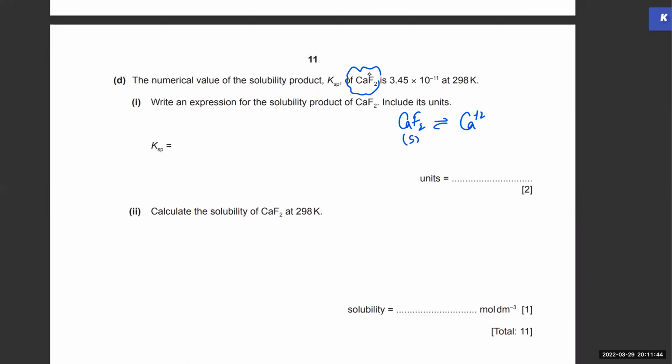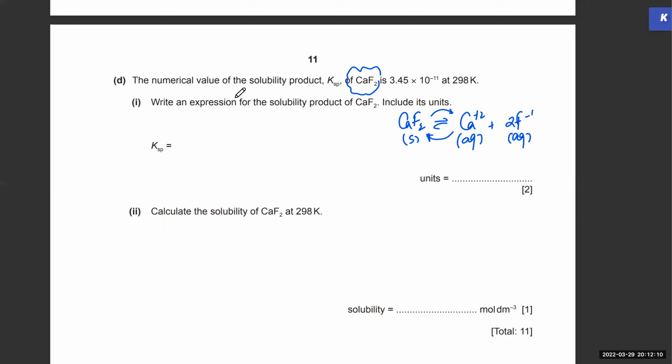It will form calcium 2+ ions and 2 fluoride 1- ions. But in a saturated solution, the more you dissolve, the more precipitate it's going to form, because there's a limit beyond which more aqueous ions are not going to be produced. So it's going to be at equilibrium once it's saturated.